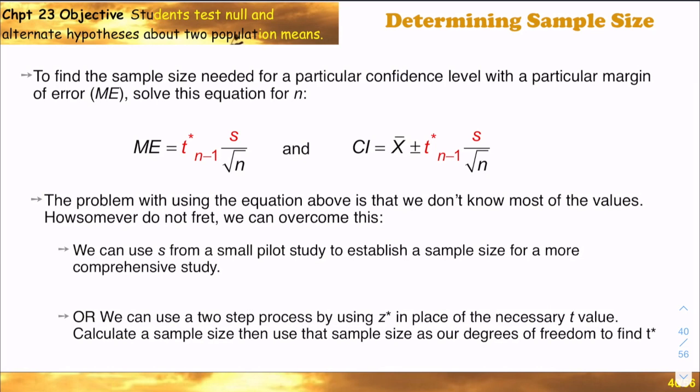Next, if you are conducting research, we know that a smaller margin of error means higher accuracy. And if we want to shrink our margin of error, we also need a larger sample size. So the question goes, before you collect your data, how do you determine the sample size that's necessary? To find the sample size needed for a particular confidence level with a particular margin of error, we can solve the equation.